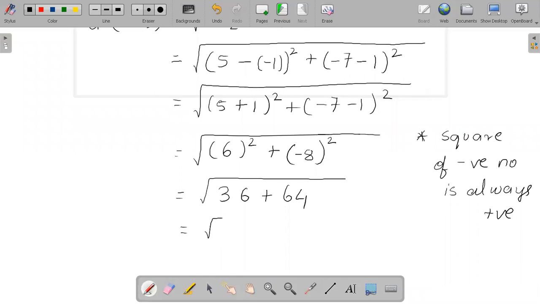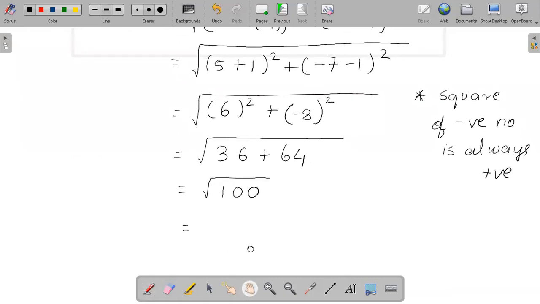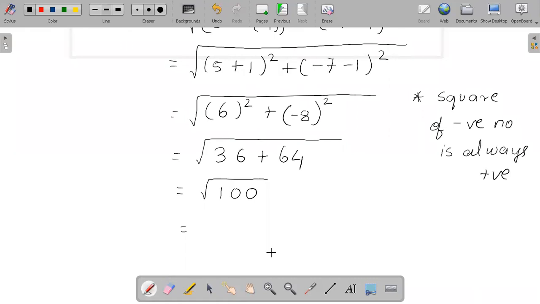Now we need to just add it. 36 plus 64. How much is this? 100. Yes, correct. And last, you need to take the square root of 100. What is the square root of 100? 50? No, it's not 50. See, what is the square of 2? 4.